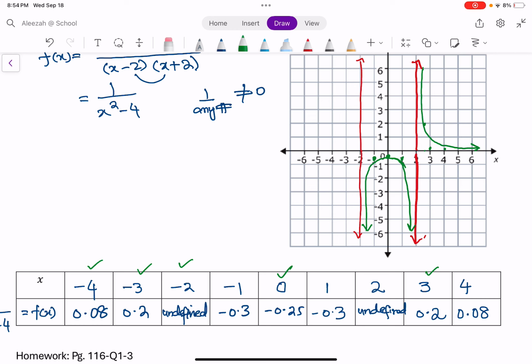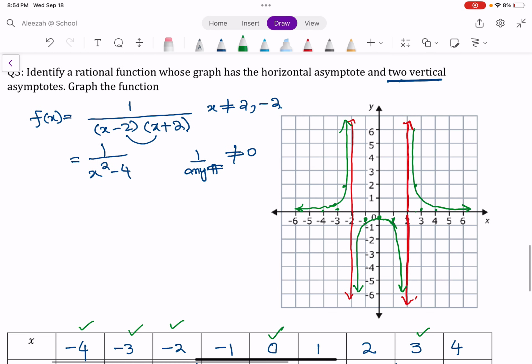At negative 3, it is negative 0.2, and then negative 0.4, and here it will be some value here, and I will graph it. It will be like that. So that is the graph of the function, which has two vertical asymptotes.